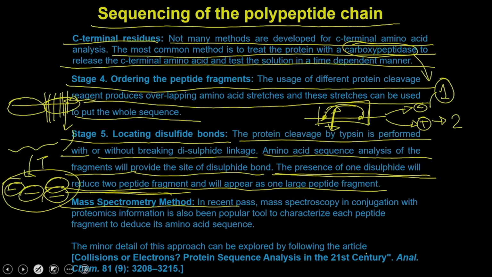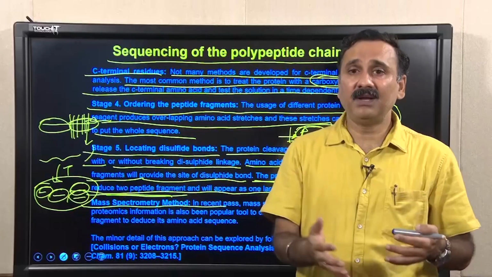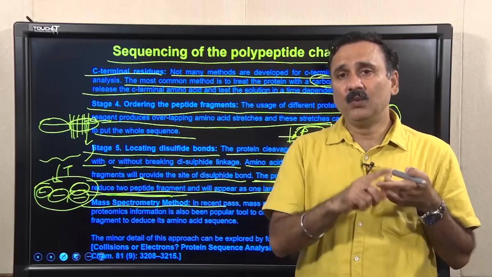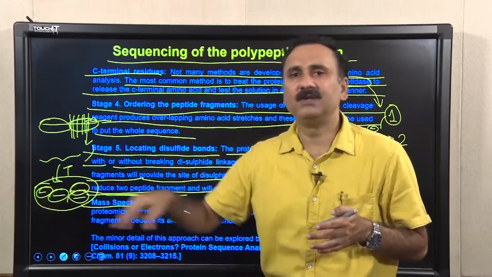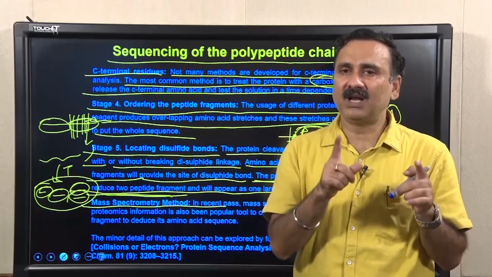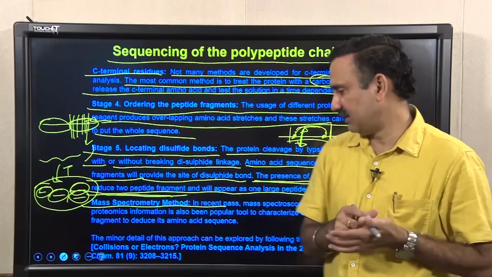But this is a more advanced technique where you are not going through extensive chemical reactions and analyzing each and every amino acid. Instead, you simply do mass spectrometry and get the masses of these peptides, and since the database is increasing day by day, you will get a particular amino acid sequence that definitely matches this particular mass, and that is how you can deduce that sequence.